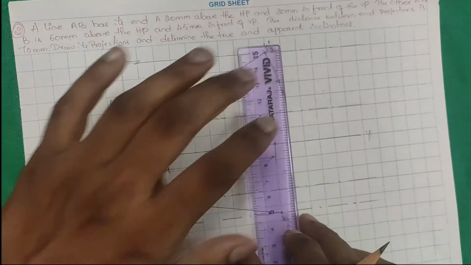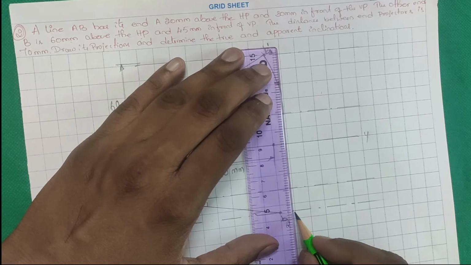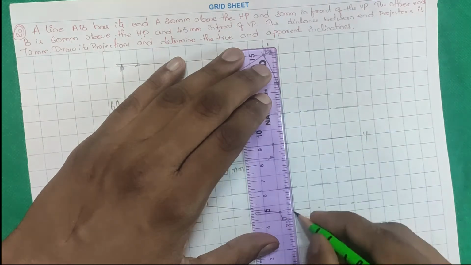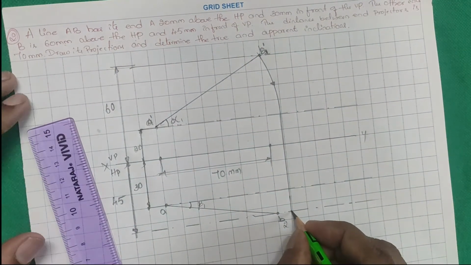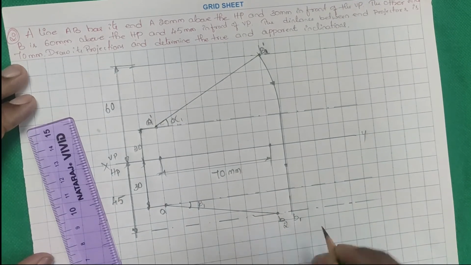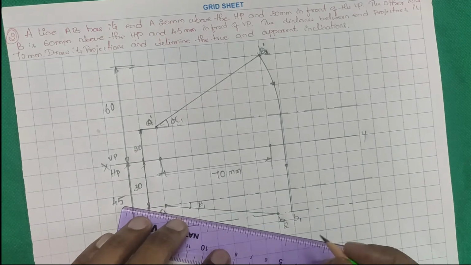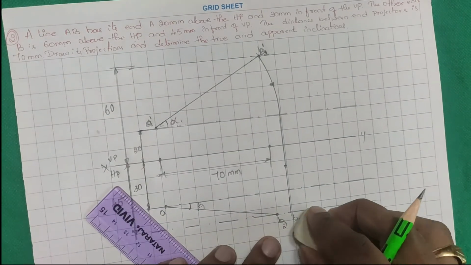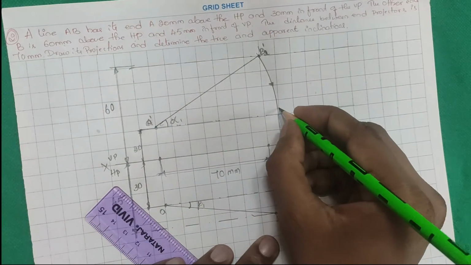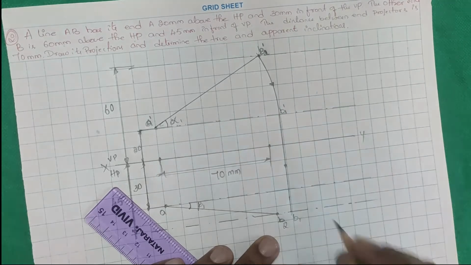Next, extend this up to the last locus line. This point I'll take as B1, and this point is B. B1 dash, this is B.